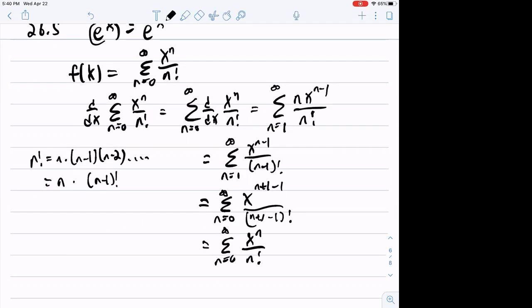Just a reality check: if I plug in the first term here, I get x to the 0 over 0 factorial, and if I plug in the first term in the other series, which is 0, I get x to the 0 over 0 factorial. So that should convince you that the first terms match and these series are the same.